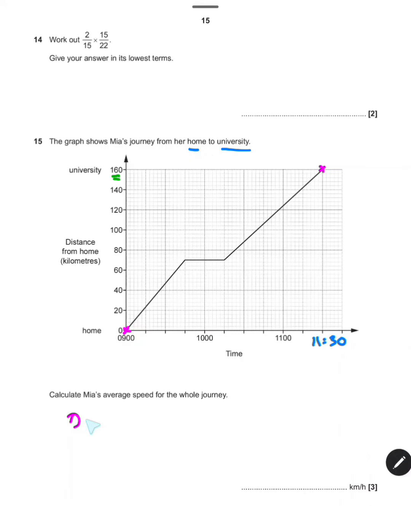So I'm just going to jot that down. Distance is 160 kilometers. Just looking back at the time, we can see we started at 9 o'clock and finished at 11:30. So the time is 2.5 hours.